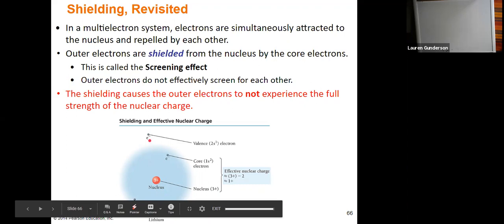So to find the effective nuclear charge that this particular electron feels, we're going to take that positive charge from the nucleus and subtract the 2 inner electrons from that charge. What we're left with is a +1 value. That is the effective nuclear charge of this particular electron. And that whole effect is called the screening effect.